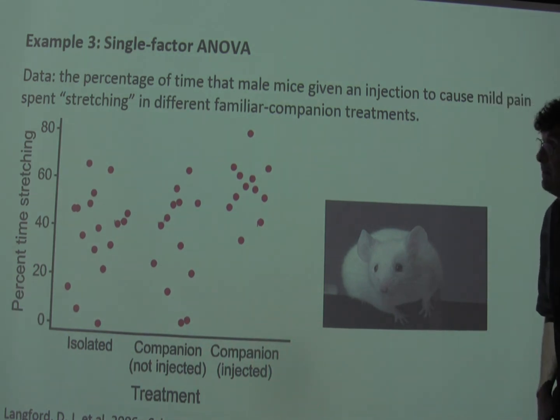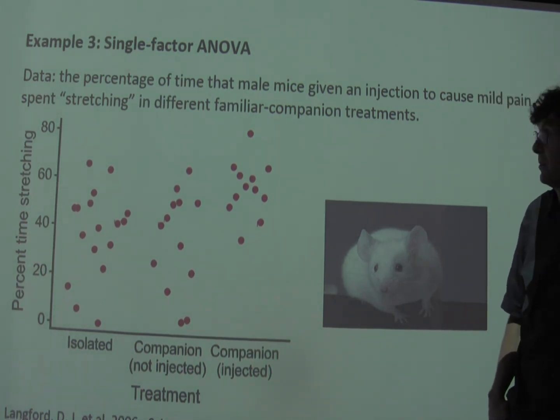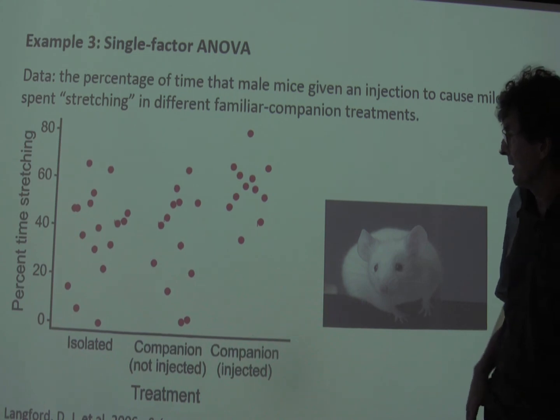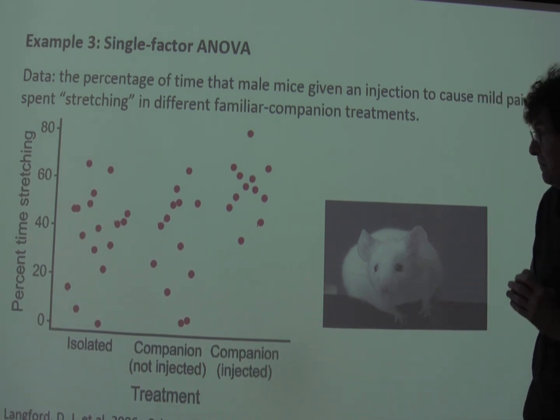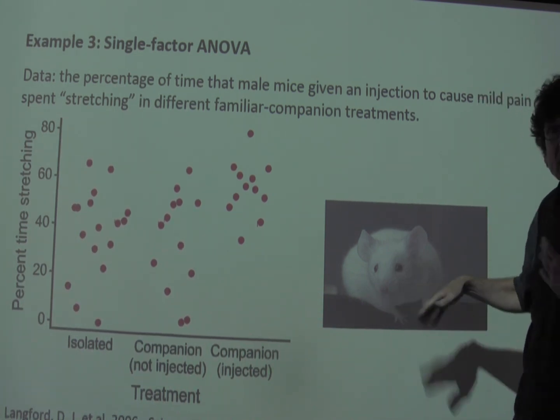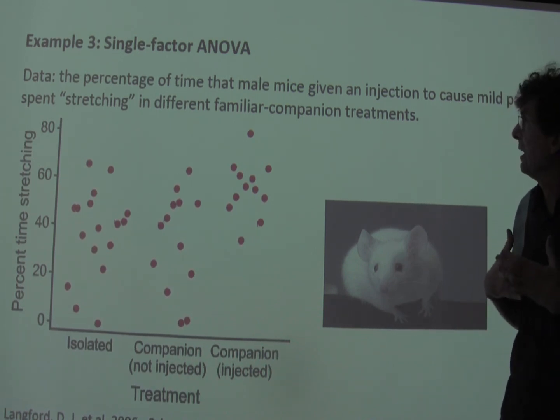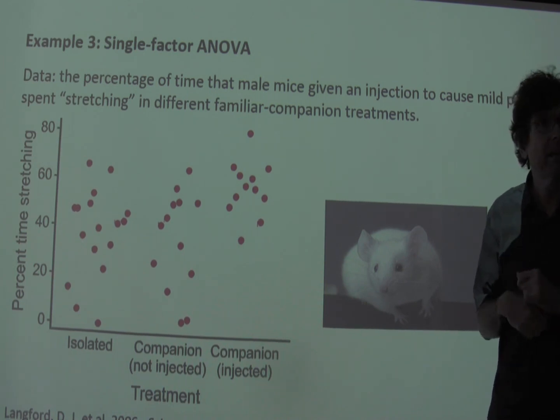Okay, my claim was that single factor ANOVA is also a linear model, and now I'm going to show you how. This was an experiment carried out by a group at McGill University, and it's become a pretty famous experiment because it indicates that mice can show empathy. And so what the experiment did, and this is just a subset of the various treatments, is that they would take a mouse and they would inject a mild dose of vinegar into the abdomen.